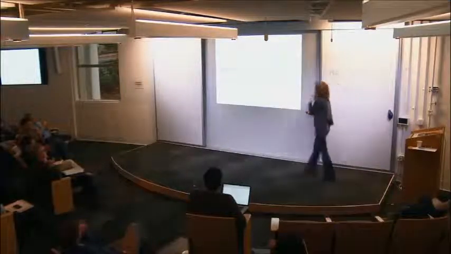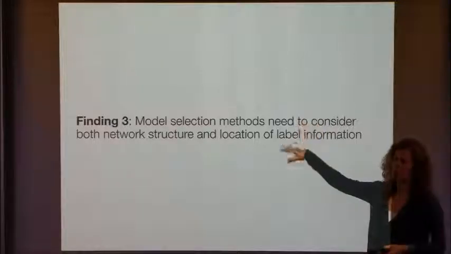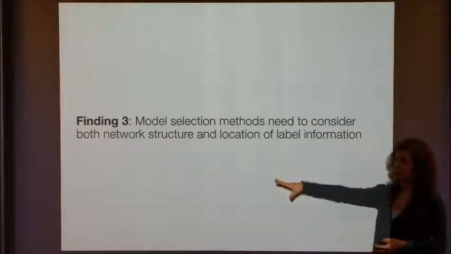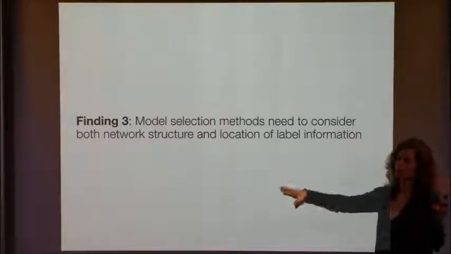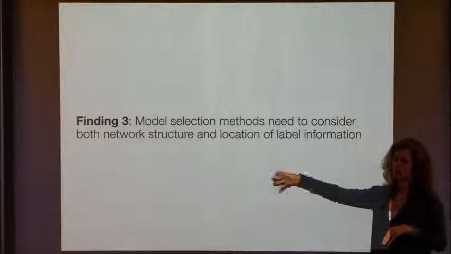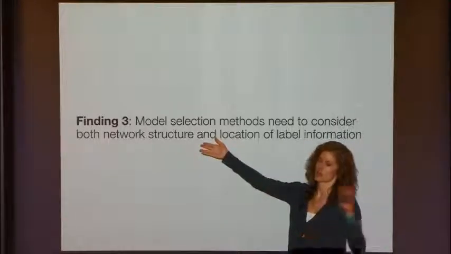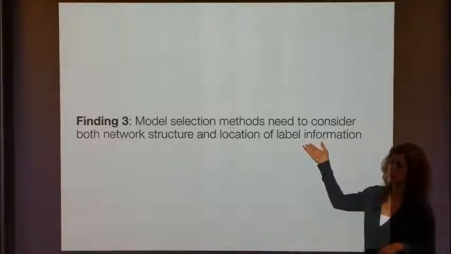So the last set of work was thinking about model selection, and how if we learn in a fully labeled network and we apply the models in a partially labeled network, then the performance of the models that we've learned is going to differ based on the graph structure that you have in your test data and the location of that label availability.